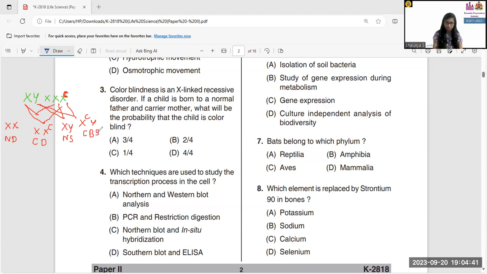What they are asking is the probability that the child is color blind.